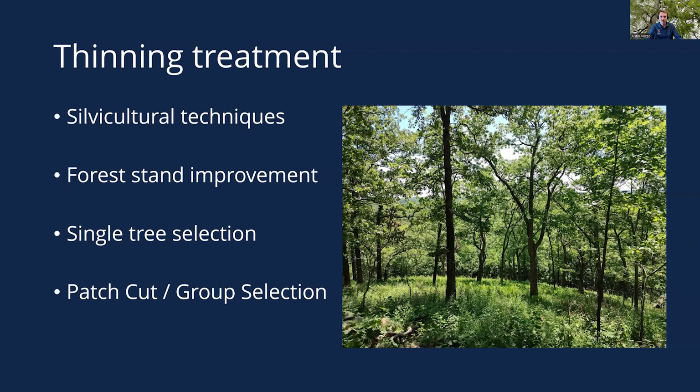And so, once we have removed our invasive species, we might think about something like a thinning treatment. This really leverages our silvicultural techniques and incorporates aspects of forest stand improvement that we might be able to potentially get some funding for from funding bodies like the NRCS to do things like single tree selection.